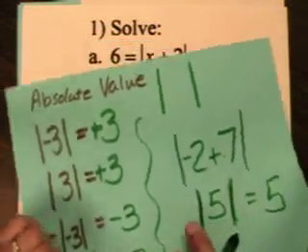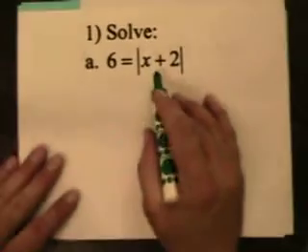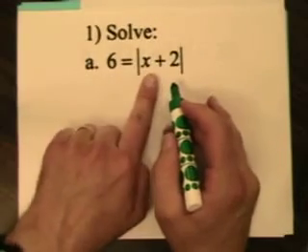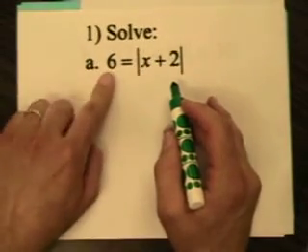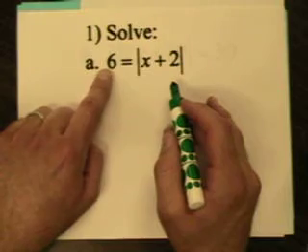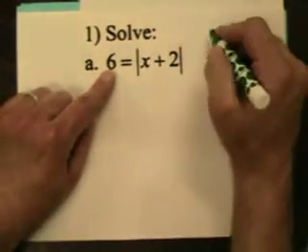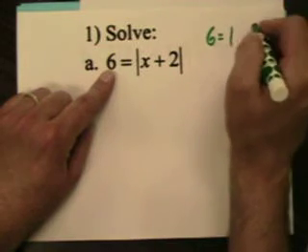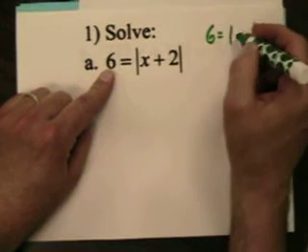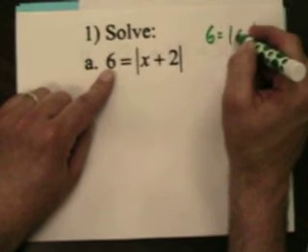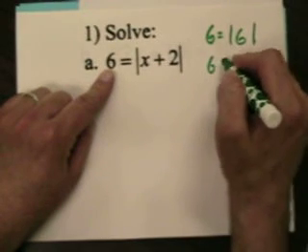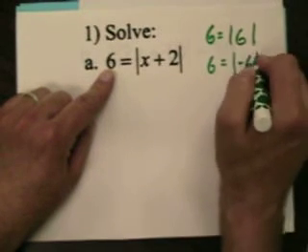So here's some of the questions they gave us, and I'm going to show you a way to solve it. We know that there's two numbers that can change to a +6. In other words, if I was thinking of this as 6 equals the absolute value of something, well, the value of that thing inside could be 6, or it could be -6.